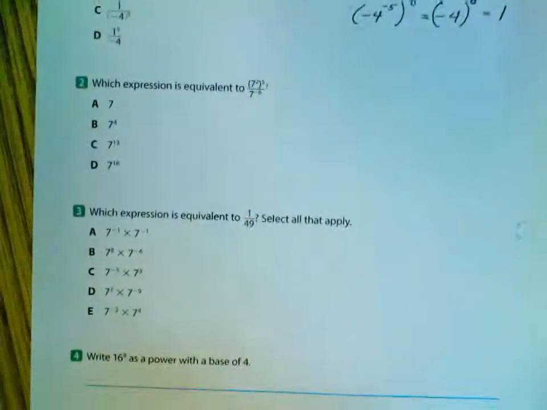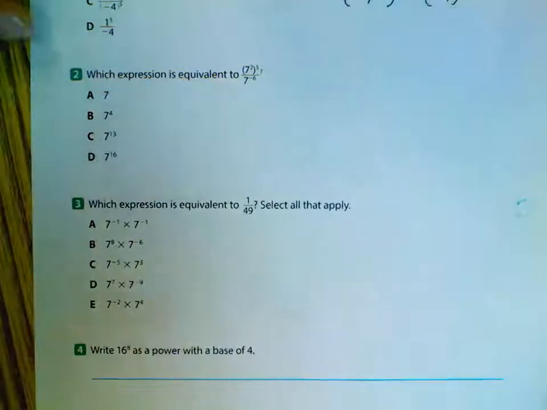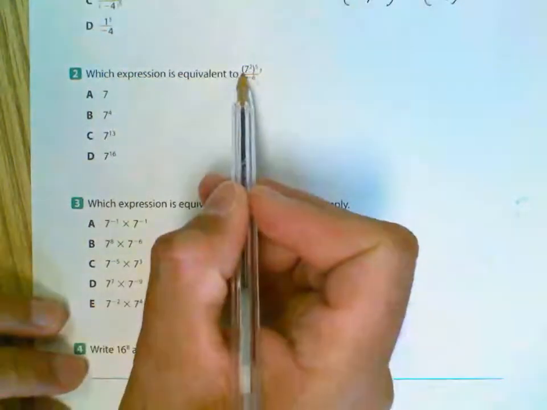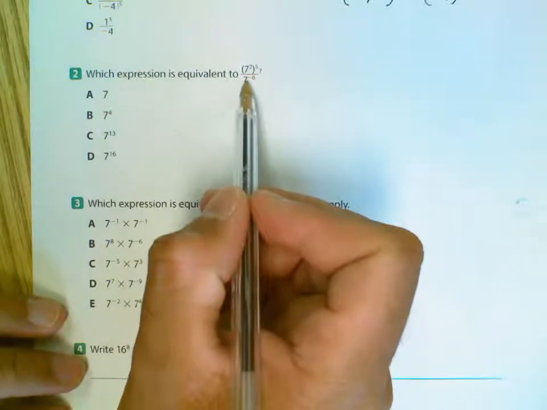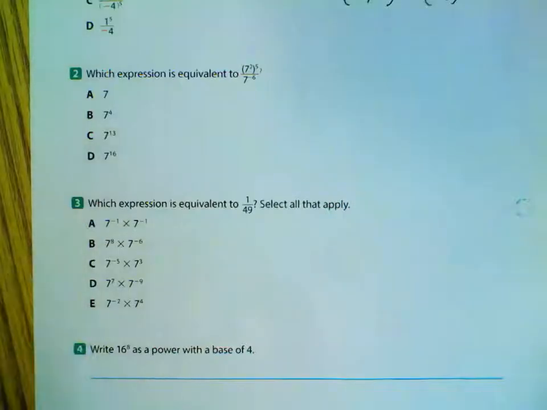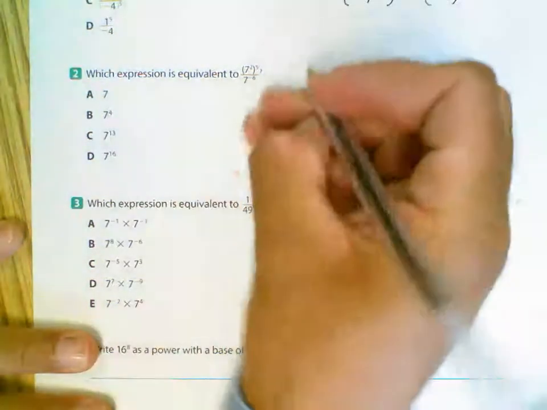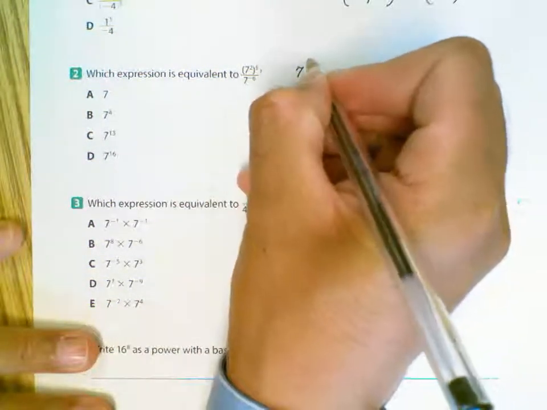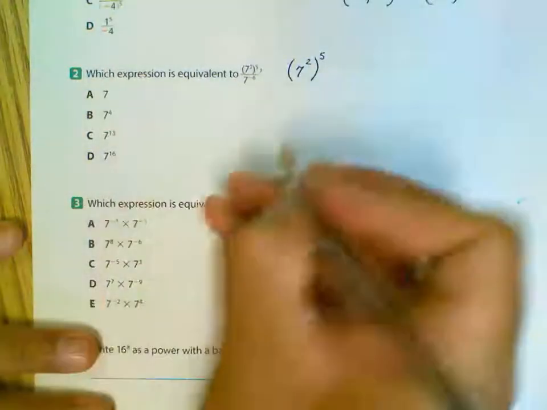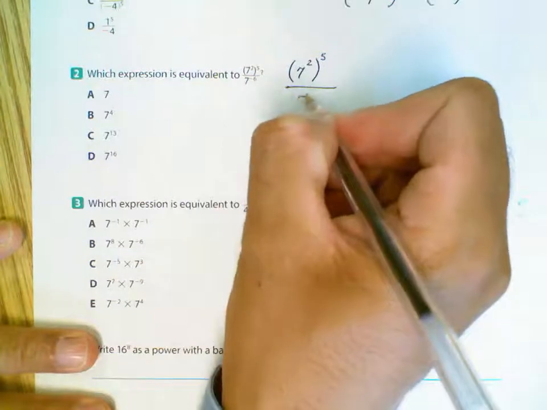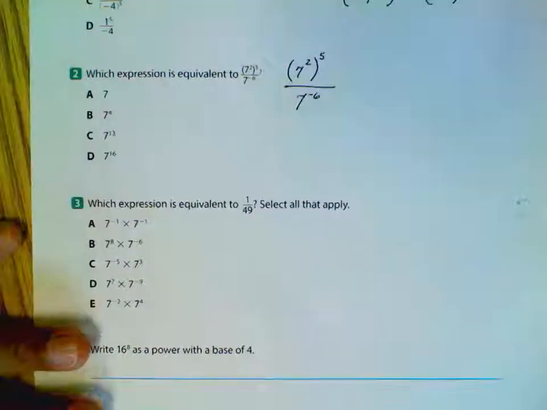So let's do number 2 now. Which expression is equivalent to 7 to the 2nd power to the 5th power, and then I have 7 to the -6th power. Okay, so let's work this problem. So I have 7 to the 2nd power to the 5th power over 7 to the -6th power.